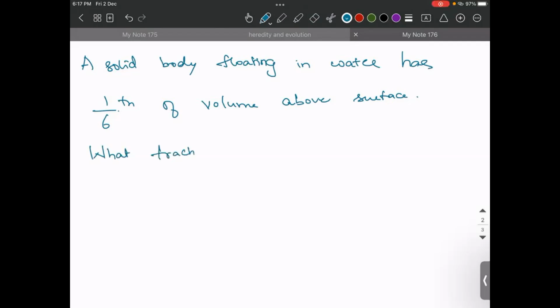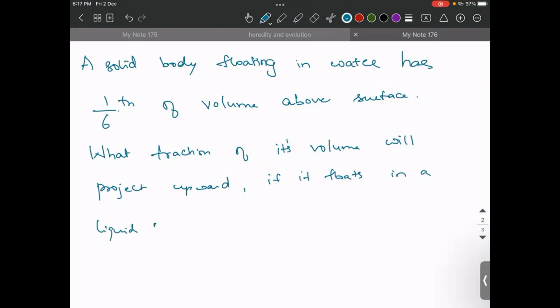What fraction of its volume will project upward if it floats in a liquid of specific gravity 1.2? So read the question carefully, you will get the answer.